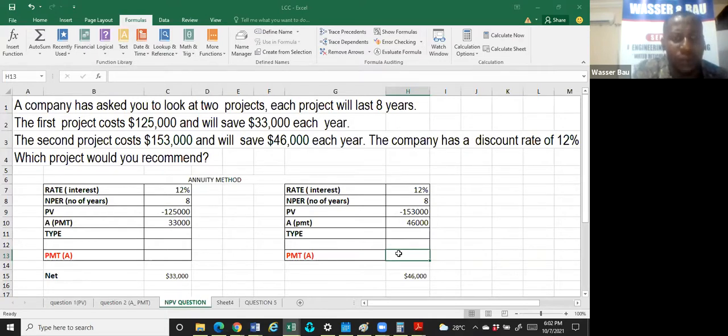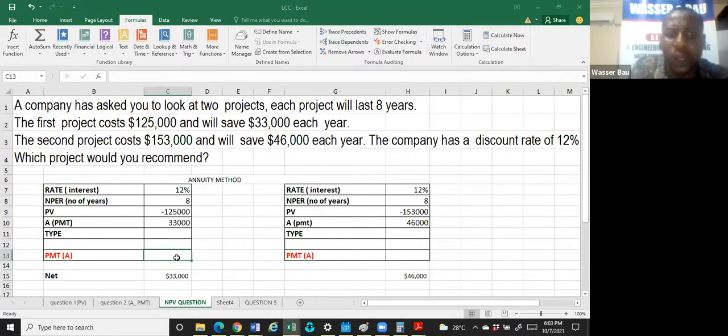That's what we're talking about. So I'm going to get the annual cost of the project. What is the A of the PV? What is the series of payments per year that will be equivalent to the initial investment cost of 125,000 that I'm investing?